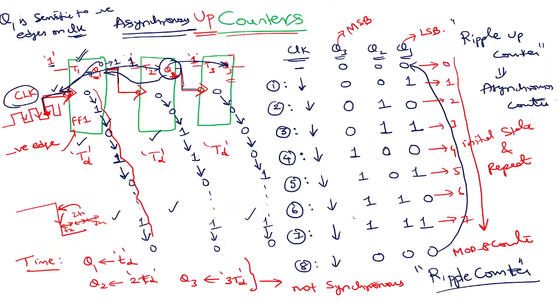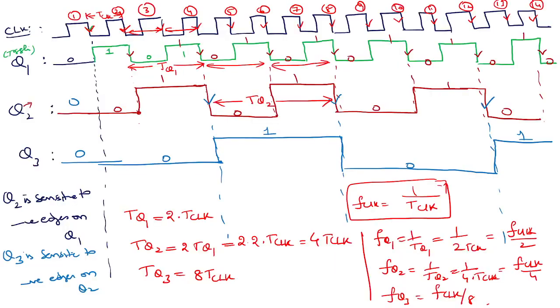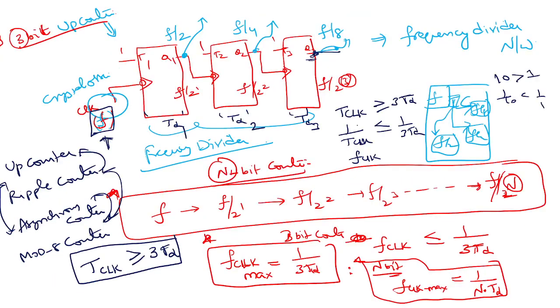They may ask what the output is after 3 clock cycles, or what the frequency of Q1 and Q2 is if the input frequency is given, whether it is an up counter, a down counter, or an asynchronous up counter, all the same story. If you know this basic understanding, you can answer anything. Are you guys clear? Say yes or no. Okay, great.